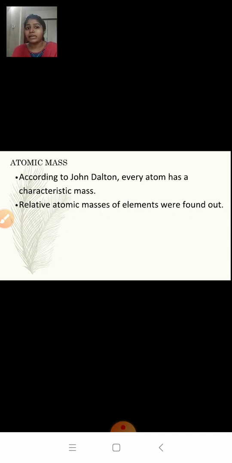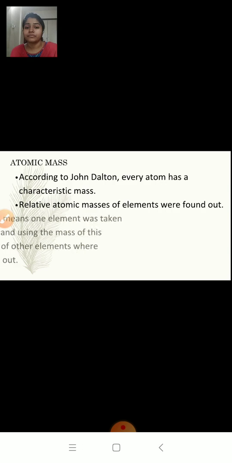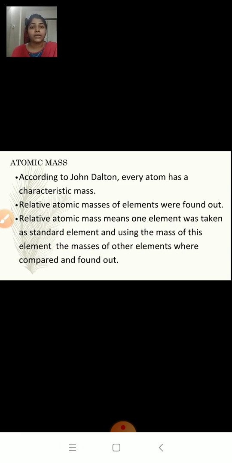So what is this relative atomic mass? Relative atomic mass means they take one element as a standard, and using the mass of this standard element, the masses of other elements are compared and found out.